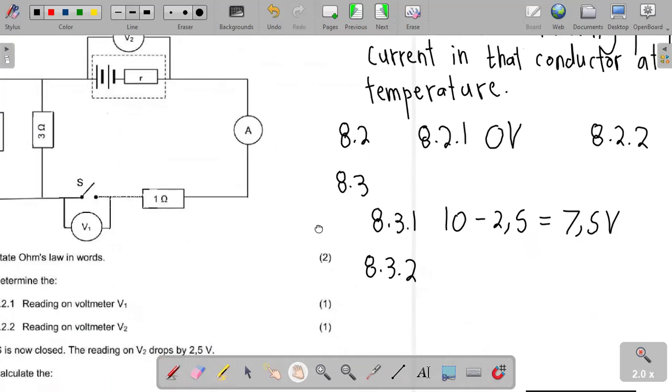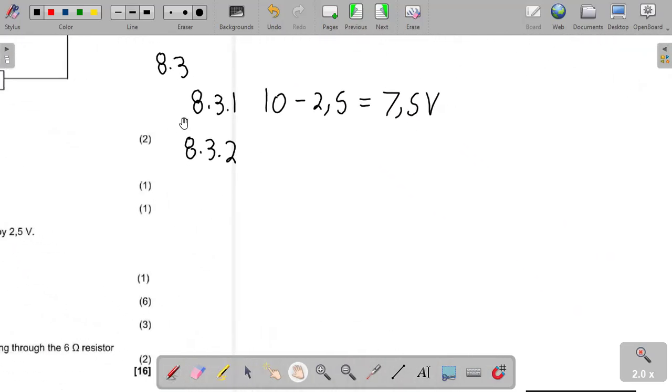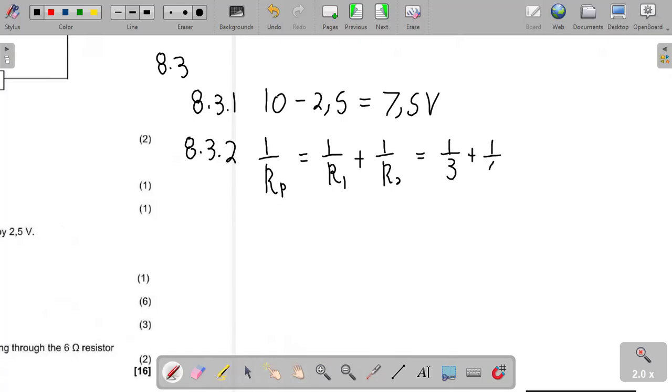Okay, so if we have a parallel connection here, and then the parallel connection is connected in series with the 1. So we can start by finding the resistance. So it's going to be 1 over Rp equal to 1 over R1 plus 1 over R2, which is going to be equal to 1 over 3 plus 1 over 6, which is going to be equal to, if we use a calculator here, 1 over 2.